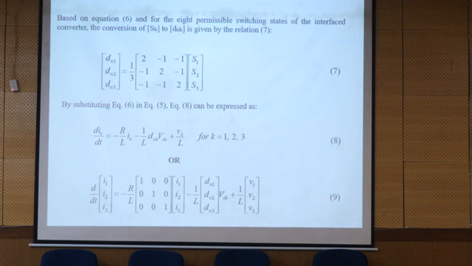So now we have a system with switching state function. R is a constant value because it's the parameter. L is the constant value. VDC is the constant value.